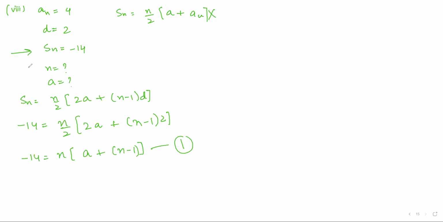Now d is given. One more thing is given, that an is equal to 4, isn't it? So I can start with the an formula also. So an is equal to a plus n minus 1 into d, correct? Now an is given, that is 4 is equal to a plus n minus 1 into d, which is 2.